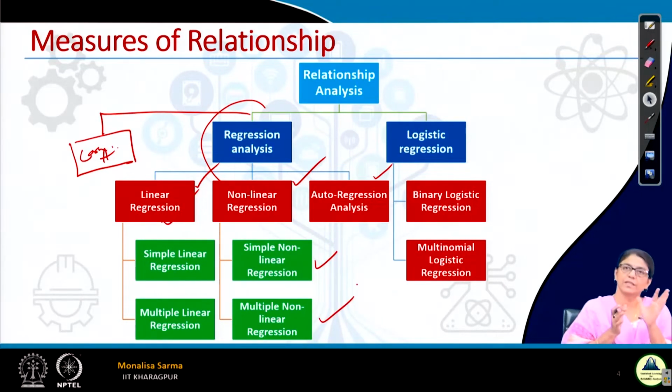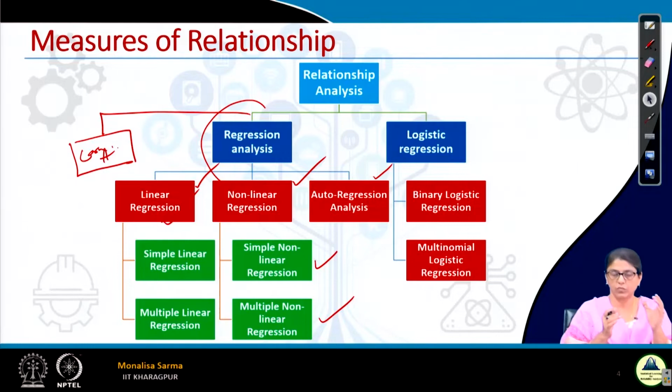Simple means there is just one independent variable, that is, just one factor, but in many cases there is more than one factor. One good example: remember the example I gave, the price of a house in a particular locality. We know the price of a house in a particular area as per the square foot area.